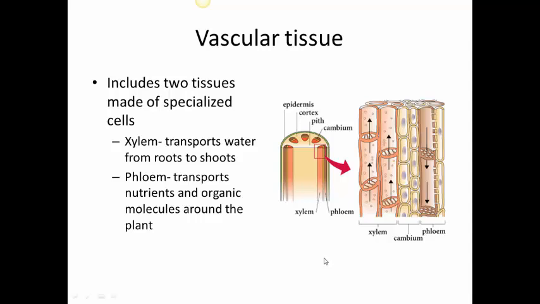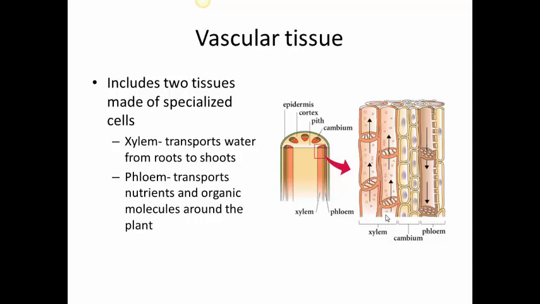So, for example, xylem, which we see here in the inner part of these vascular bundles, and then these orange cells in this diagram, includes long, tough, straw-like cells called tracheids or vessel elements, and also some associated parenchyma cells. So it includes multiple cell types.